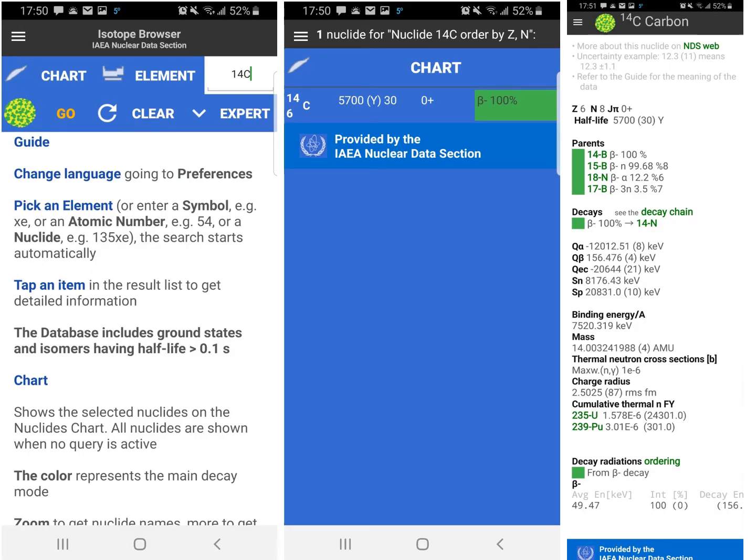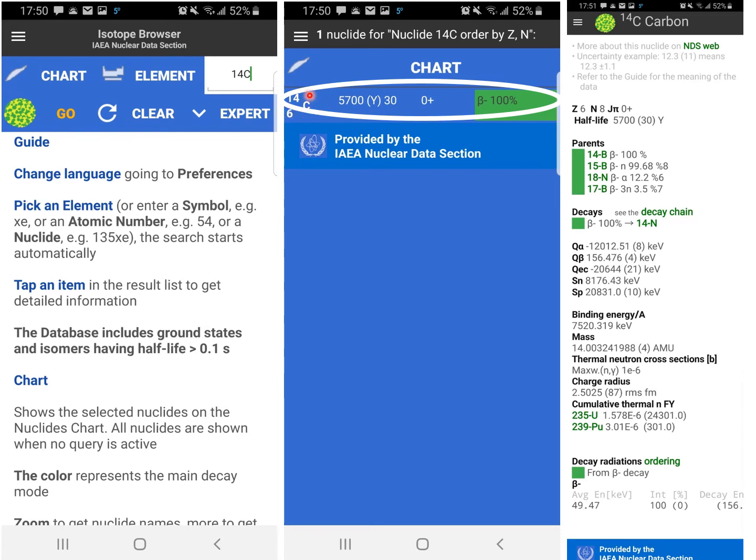If you had the Isotope Browser, the first thing you'd want to do is select the isotope you're interested in. So here carbon-14 is listed. You would then select Go, and that would bring you to this page.